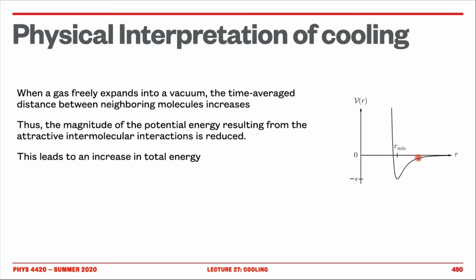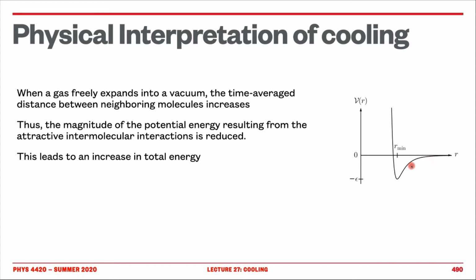Now, when you do that, you increase the energy, but the total energy has to be constant. That means that what has to go down is the velocity of the molecules. The sum of the square of the velocity is related to the kinetic energy.